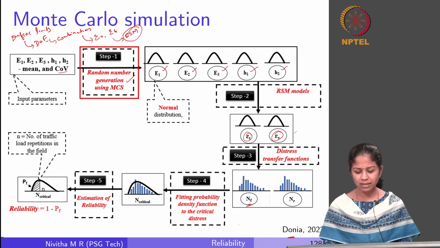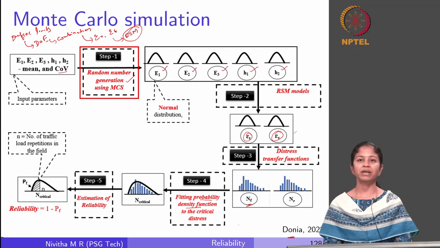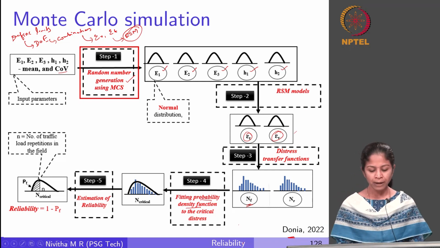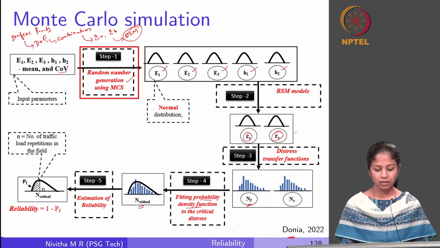Then once we get this, we will fit a probability density function. Again, it need not be a normal distribution like how we have fit for the input parameters. Here also we can fit any appropriate distribution. So we have obtained a distribution.